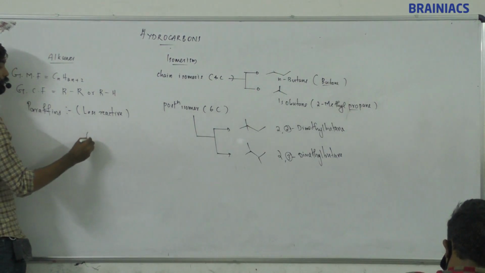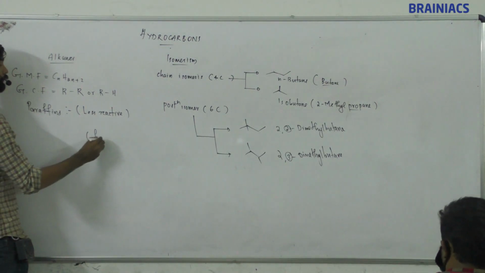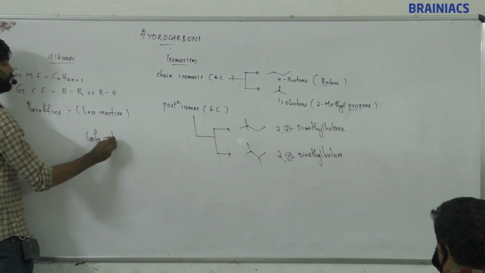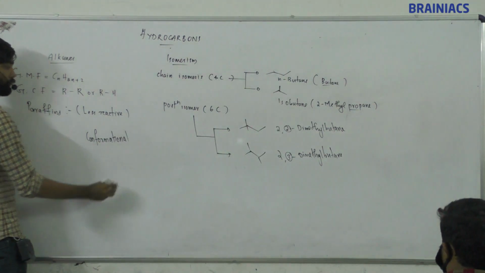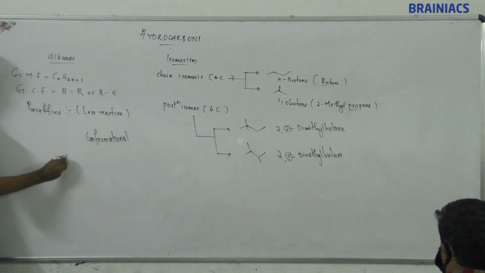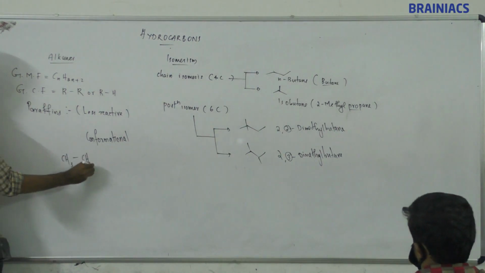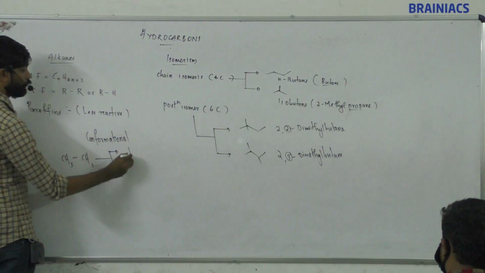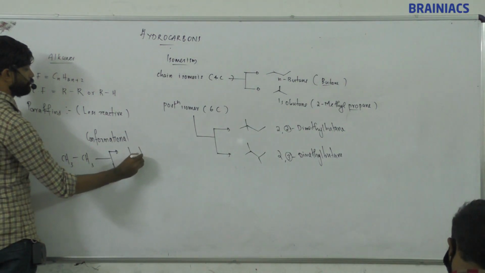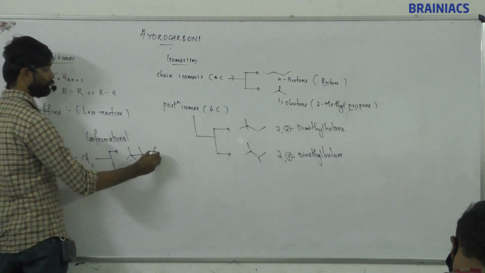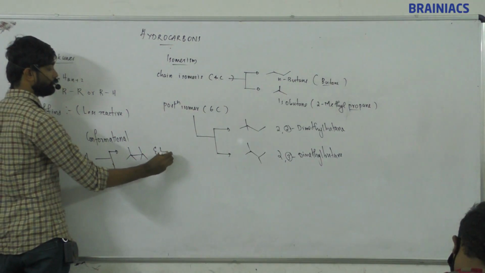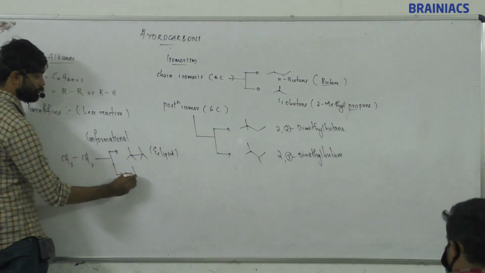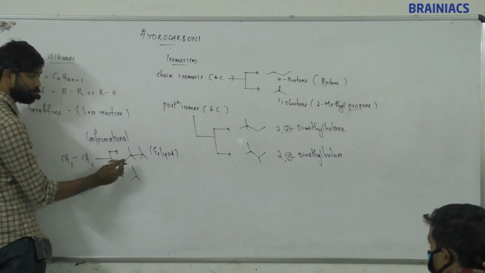And the next isomerism shown by alkane is stereoisomerism, which is conformational isomerism. You know there are mainly two conformers. What are they? This one is eclipsed.